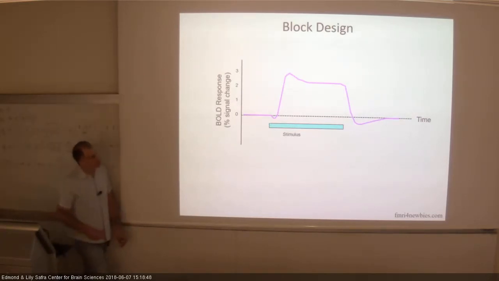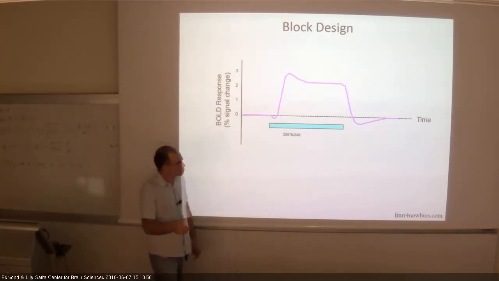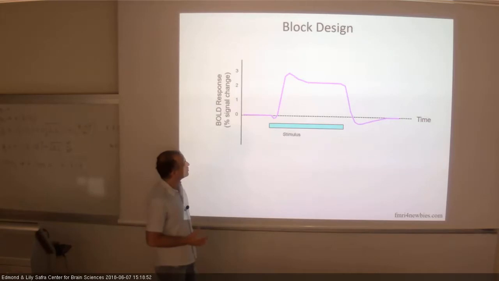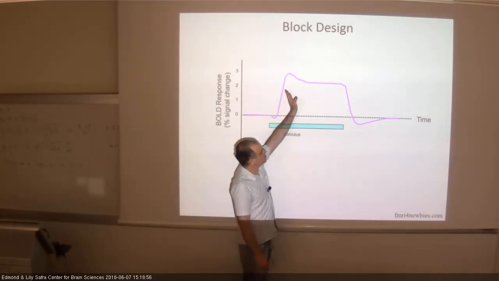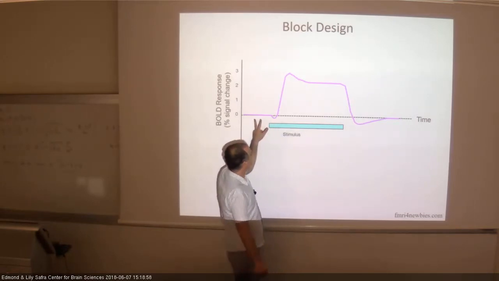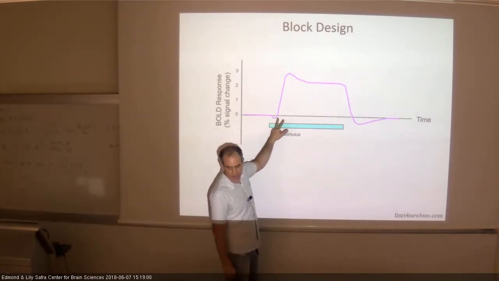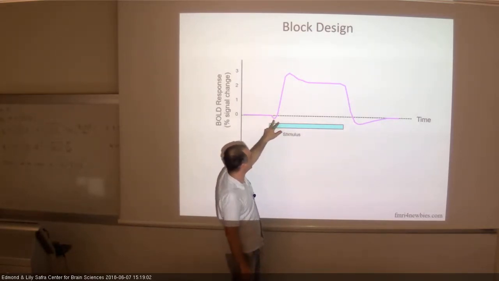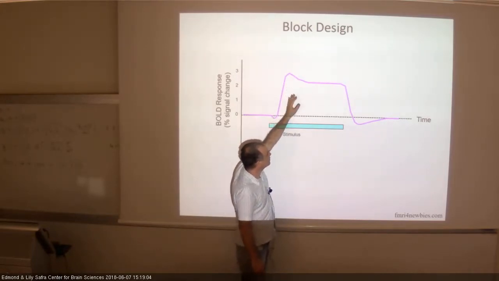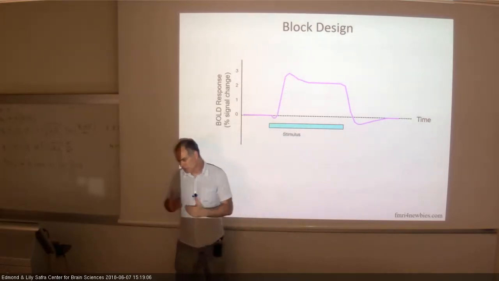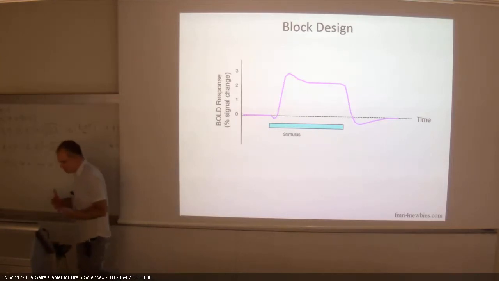And for the block design, and now I'm going to dive a bit into each one of the three designs I talked about, we get this typical plateau here. So we have this initial dip. You talked about that, right? You talked about the BOLD, the signal, right? You have some initial dip. You have the rise. Again, this is scalable to a certain amount by the stimulus intensity and stimulus length.